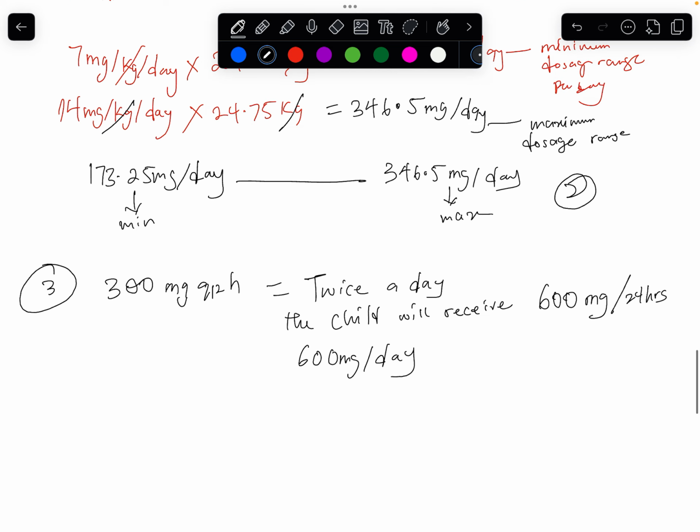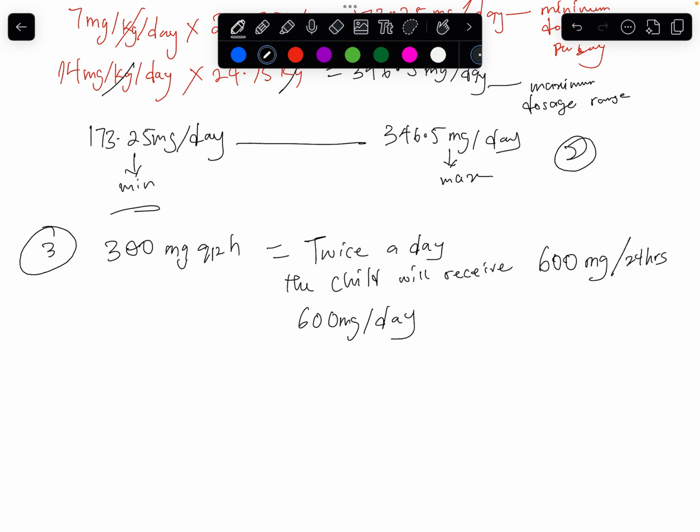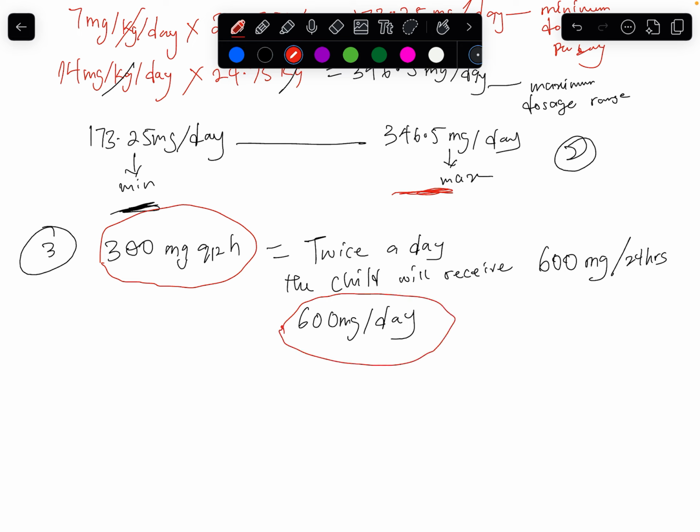Now, we should remember that the minimum is 173.25 milligrams per day and the max is 346.5 milligram per day. If the child was ordered 300 milligram every 12 hours, we're getting 600 milligrams per day. So, does this mean that the dosage is safe?